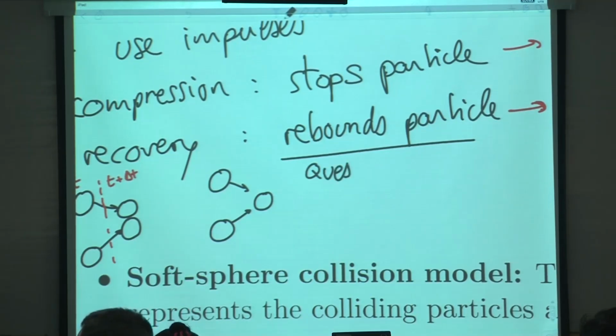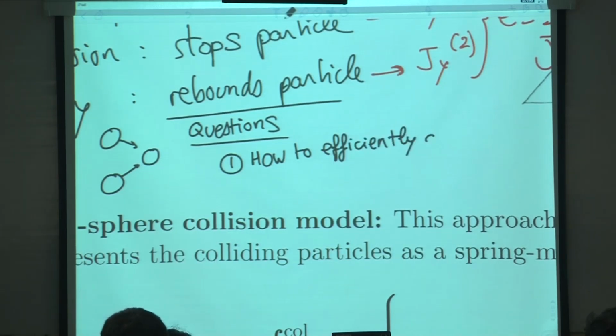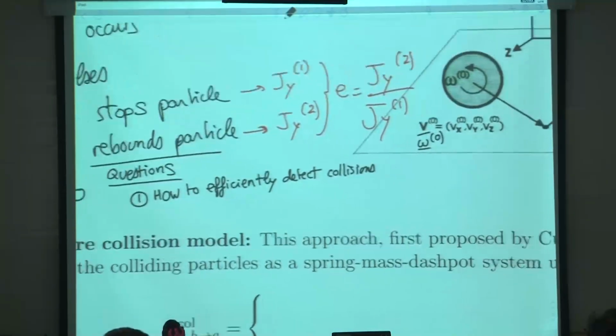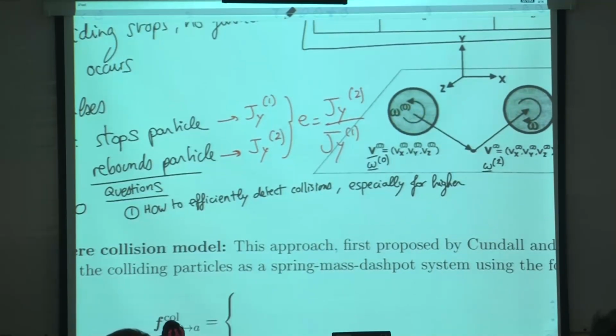So I'll make a point here, maybe list questions. One question here is how to efficiently detect collisions, especially for higher volume fraction.